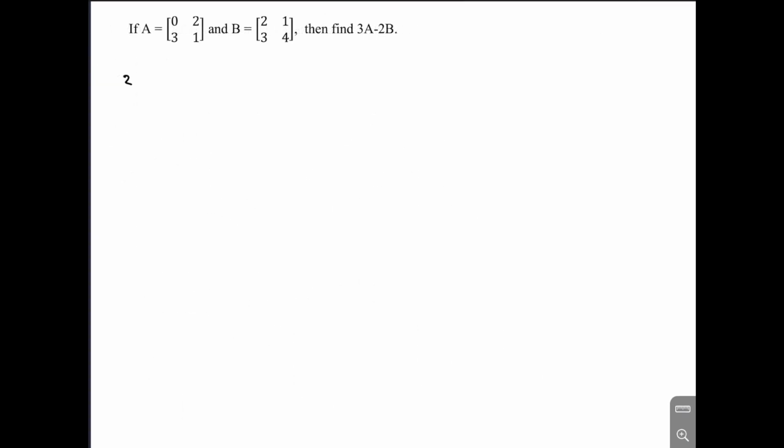The value of 3A first and then 2B also. So here 3A is nothing but 3 into matrix A, 0 2 3 1. Let's multiply the matrix A with 3.